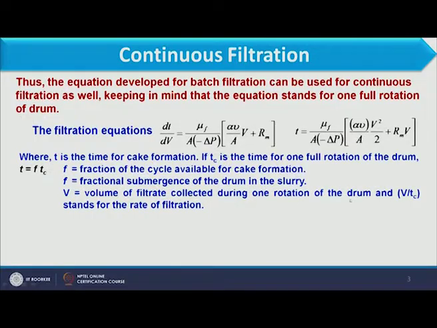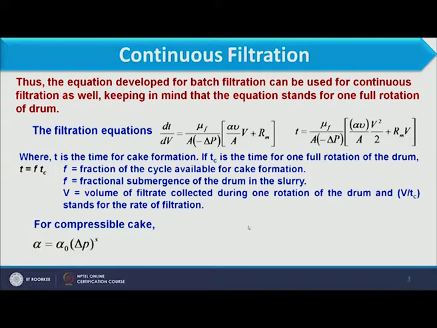Usually it is considered that 20% of the total surface is submerged into the slurry, so in that case F should be 0.2. V is the volume of filtrate collected during one rotation of the drum, and V by tc stands for the rate of filtration.